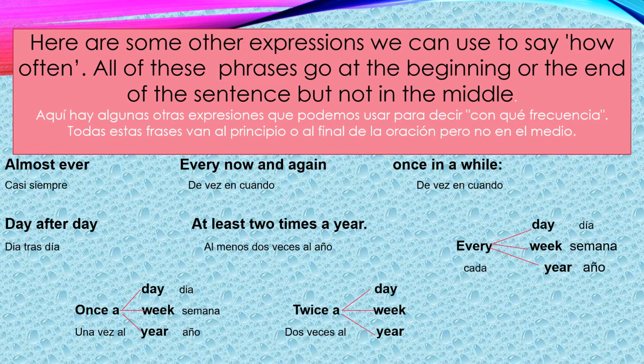This phrase also you can put it at the beginning of the sentences or at the end. The next one is once in a while, de vez en cuando. The next one is day after day, día tras día. The next one is at least 2 times a year, al menos de 2 veces al año.